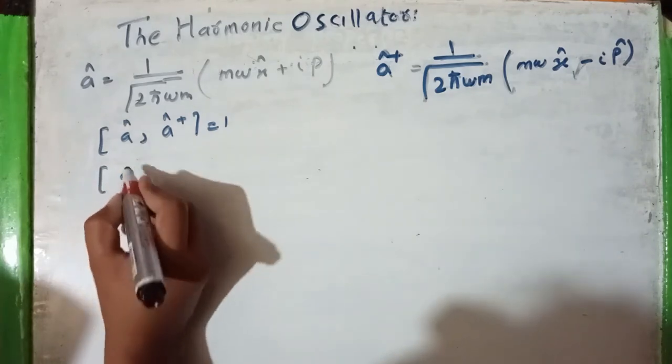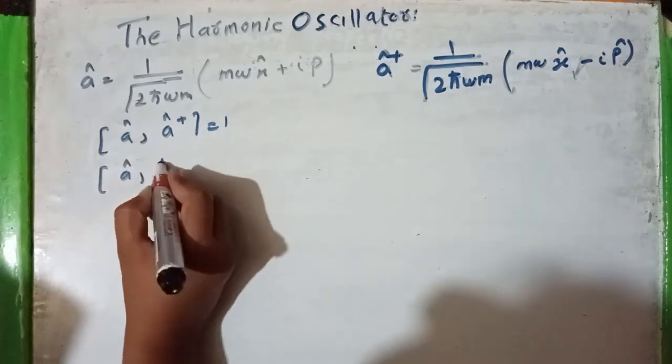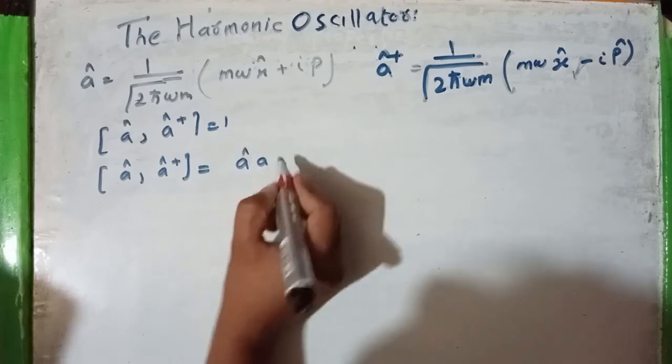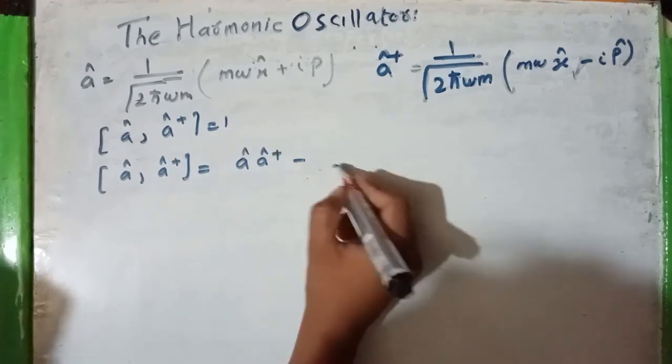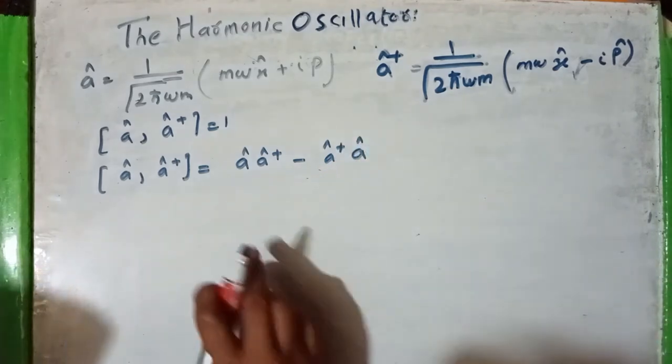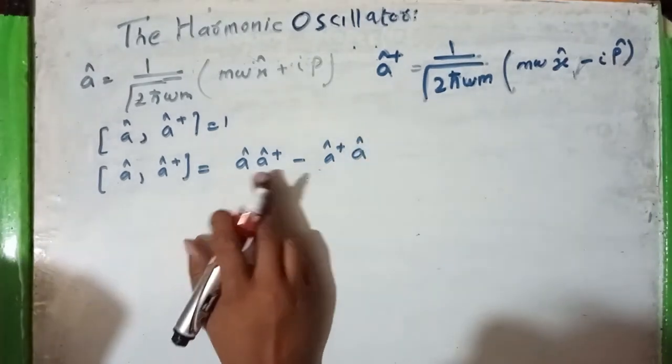Consider the commutator of a and a dagger, which is equal to a a dagger minus a dagger a. Now put the value of a and a dagger.